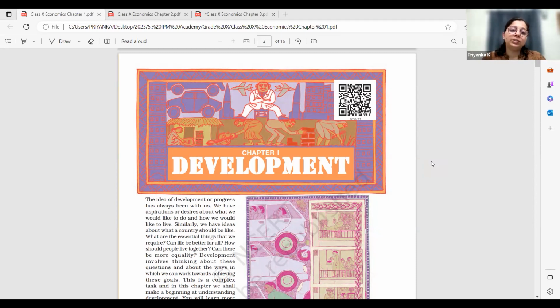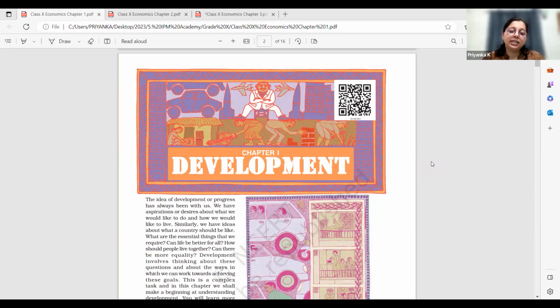So development, as you can see, is varying from one person to another, and it can vary from one nation to another also. For example, developmental aspects of India need not be the developmental aspects of any other country. So India will be having its own goals, while another country, take the case of our neighboring countries like China, Bangladesh, Pakistan, etc., they will be having their own development goals.